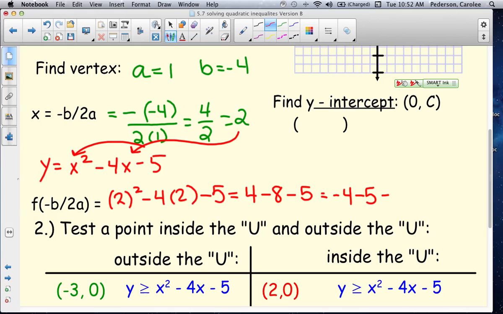Minus 5 is -9. That's the y value of your vertex. So the ordered pair for the vertex, which we call the critical point, is 2, -9.